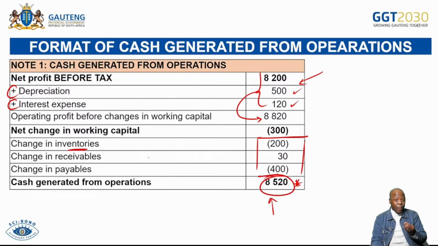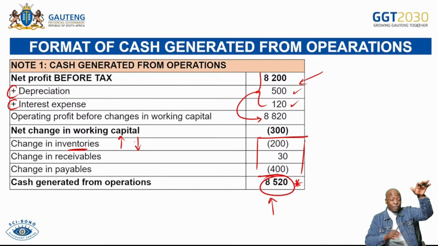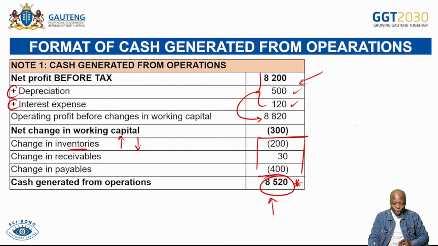With inventory, we are going to look for either an increase or a decrease, whereby if your inventory is increasing, if your stock is increasing, we'll consider it to be a cash outflow. For you to understand this part, let me start with the other part. When your stock is decreasing, in simple words, if we had 3 boxes of stock and now we are left with 1 box, it means we have sold the other 2.